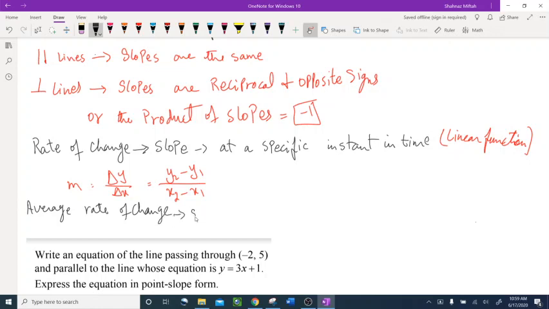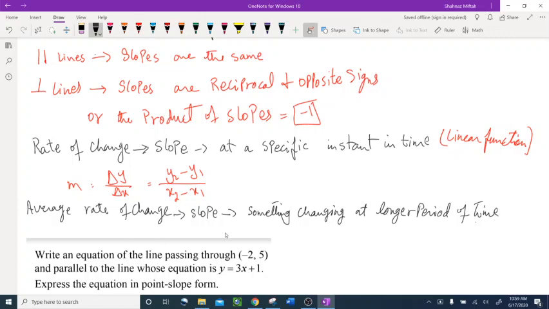Average rate of change is also a slope, but this one tells you the average rate at which something was changing over a longer period of time. So this is average rate of change.